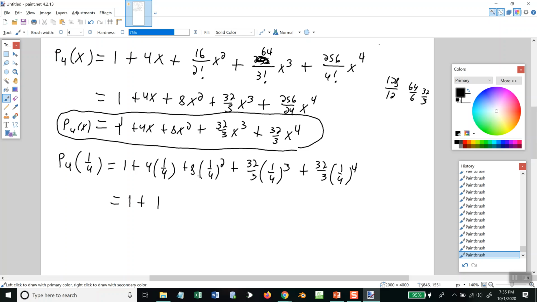That's 1/16 times 8 is 8/16 or 1/2. 32 over 3 times 1 over 4 to the third. 4 times 4 is 16, times another 4 is 64, I think. That's 32 over 3. 4 times 4 is 16, times another 4 is 64, times another 4 is 256.